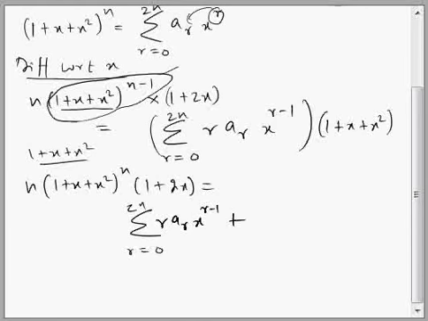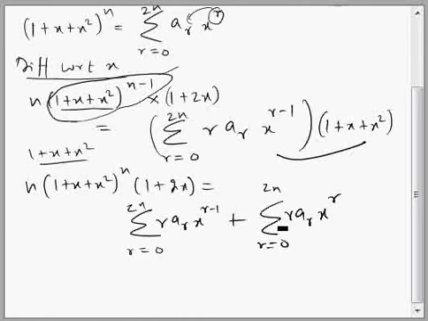When we multiply this with x, it becomes summation r ar x to the power r, r varies from 0 to 2n. Lastly, when we multiply this with x square, the power of x will increase by 2, so r ar x to the power r plus 1.